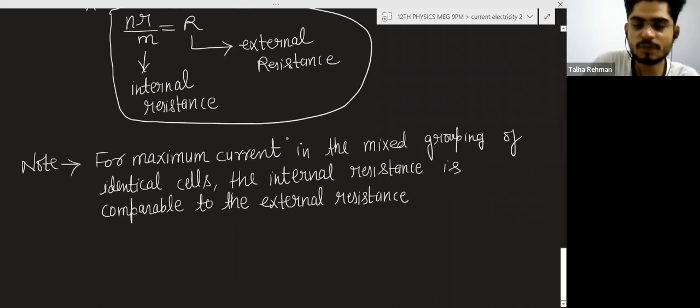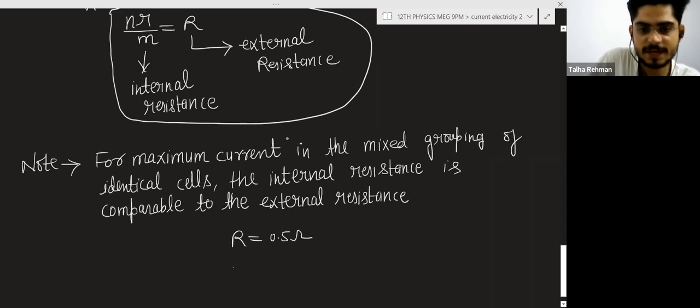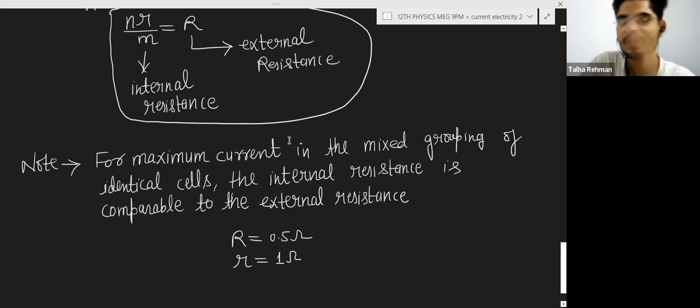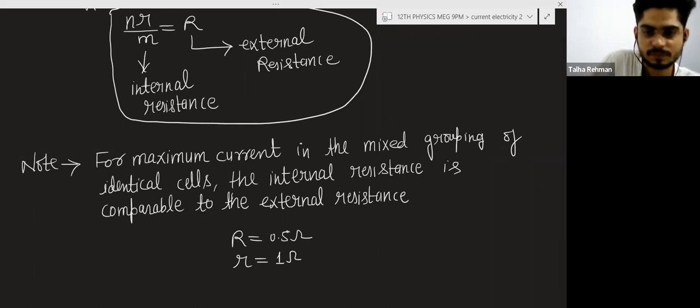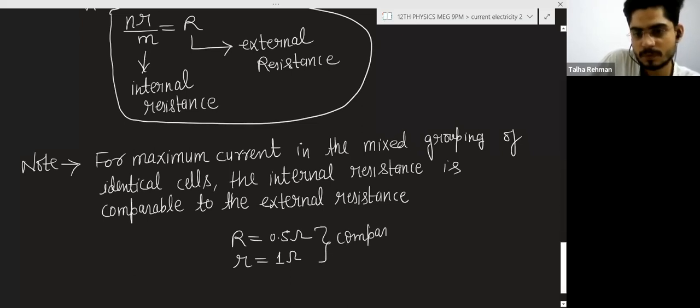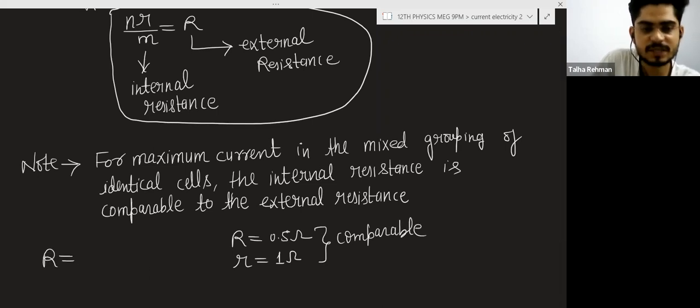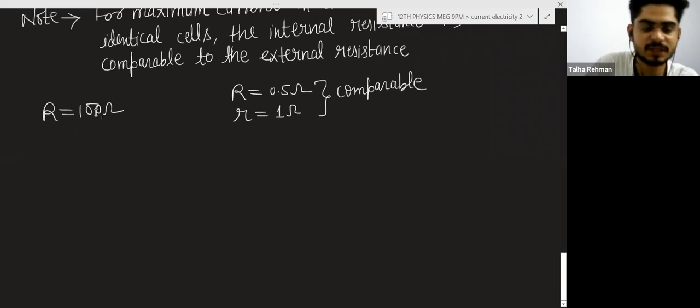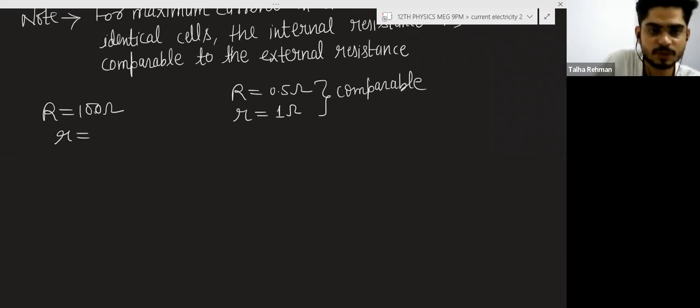And what is the meaning of comparable resistance? Suppose you have external resistance of 0.5 ohm and internal resistance of 1 ohm. Then you can say both the resistances are comparable. Suppose you have external resistance as 100 ohm and internal resistance is 1 ohm.